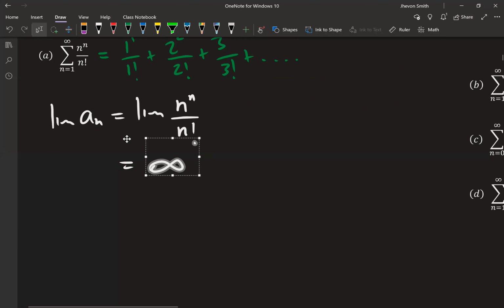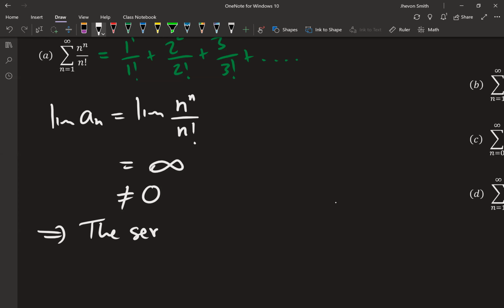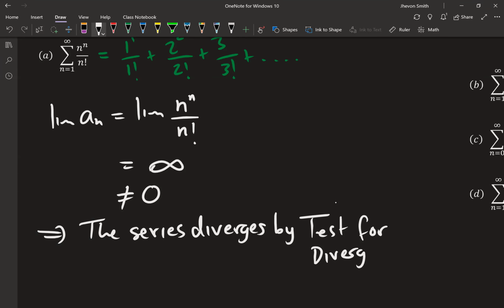So here, this goes off to infinity. Infinity is many things, but definitely it's not 0. So I'd be able to say the series diverges. And we normally say how we know, and we can say by test for divergence.